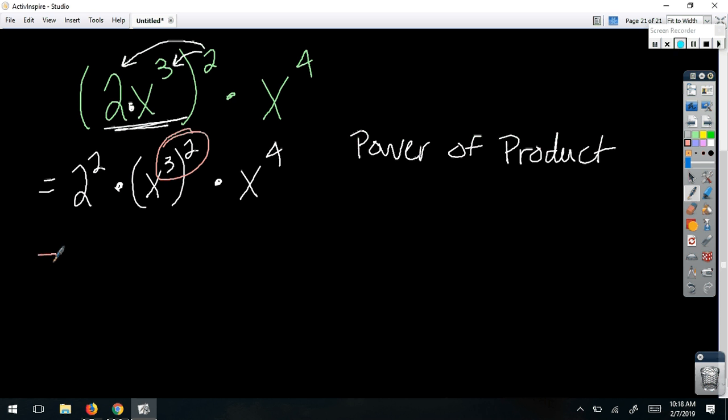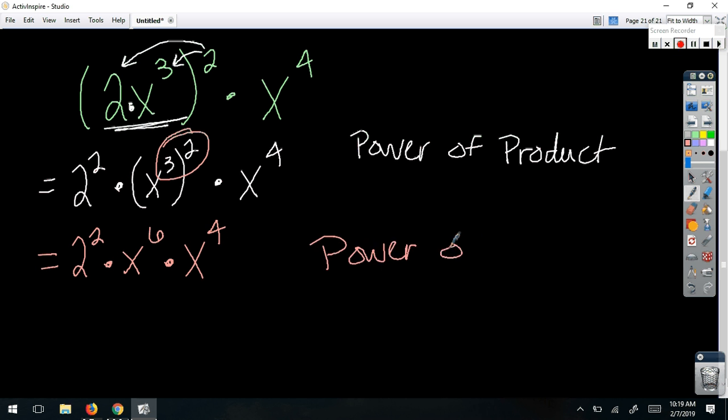All right, so I got 2 to the second. What does this become? What does this one become? X6. And the x4 is still there. That was the power of power. And now, yes, now we're back to that very first property.